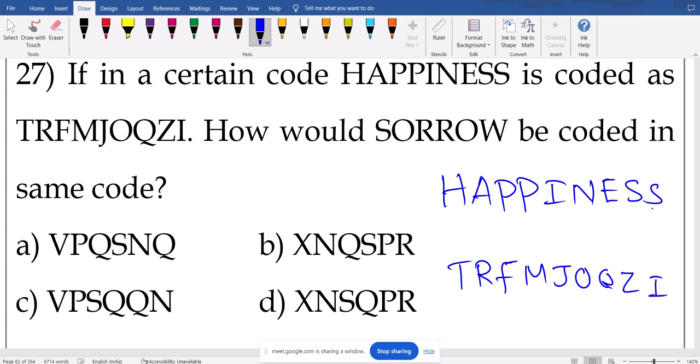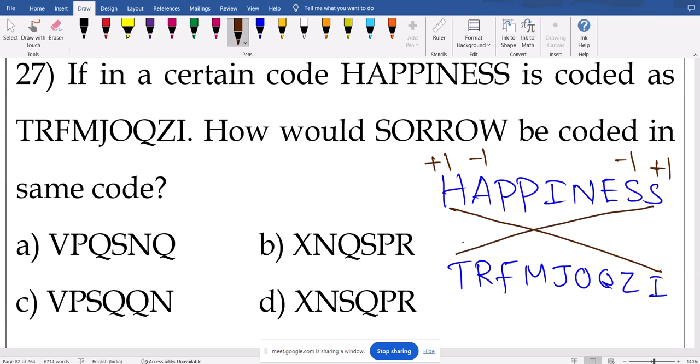So S plus 1 is T. For the last one, plus 1 is T, minus 1 is R. H plus 1 is I, A minus 1 is Z. You can check that. So back to front, plus 1 minus 1 plus 1 minus 1 is happening. Actually, we have to start from the left side, not the right side.